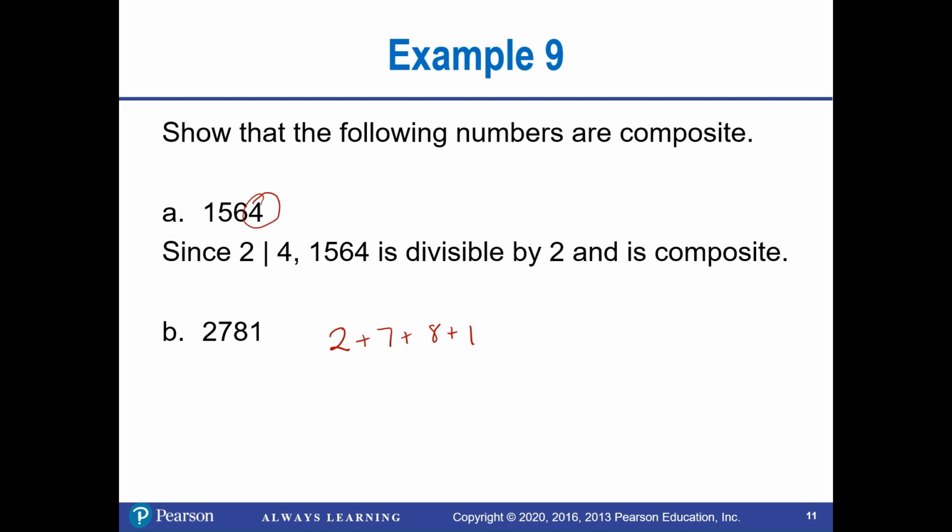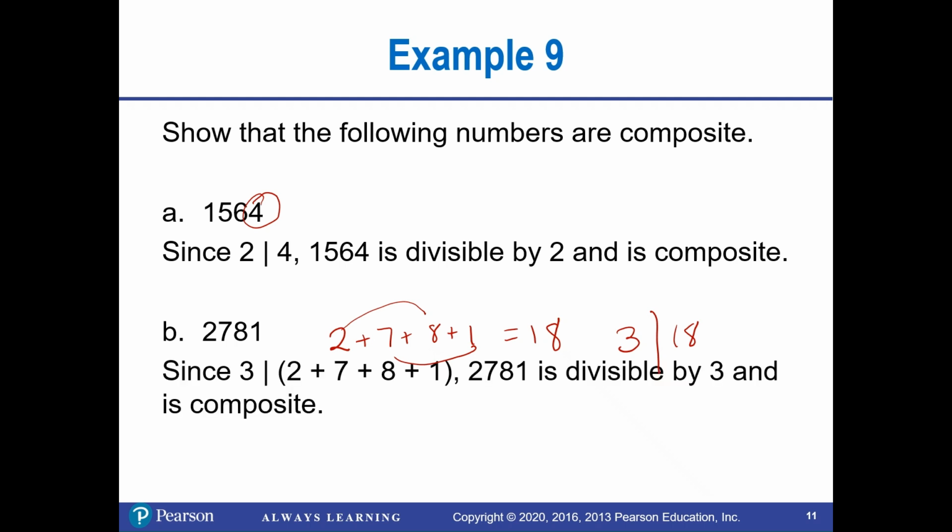And that should give me 10 plus 8, 18. And so I know 3 divides 18. So since 3 divides the sum of those digits, I know 2,781 is divisible by 3 and is composite.